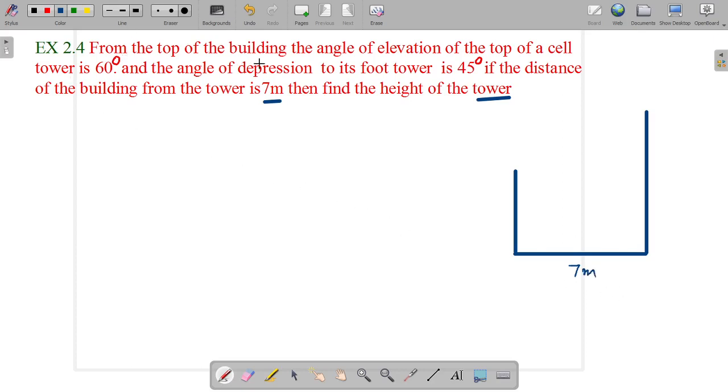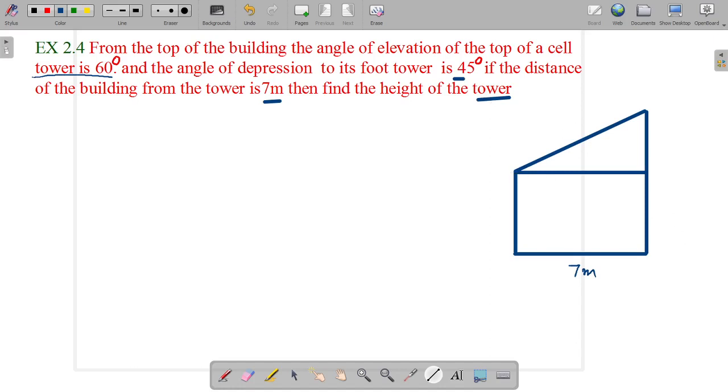From the top of the building, the angle of elevation of the top of the cell tower is 60 degrees. And the angle of depression to the foot of the tower is 45 degrees.